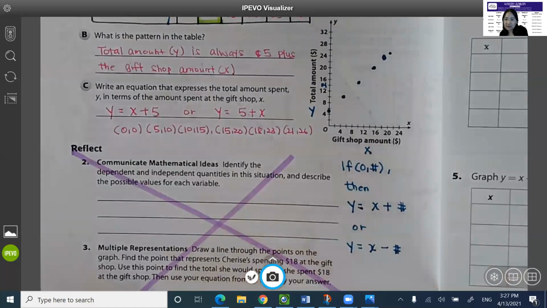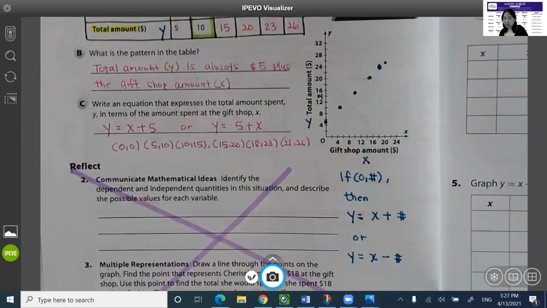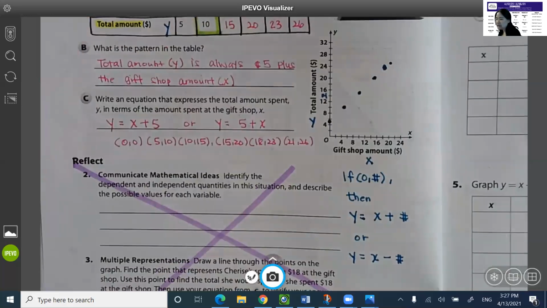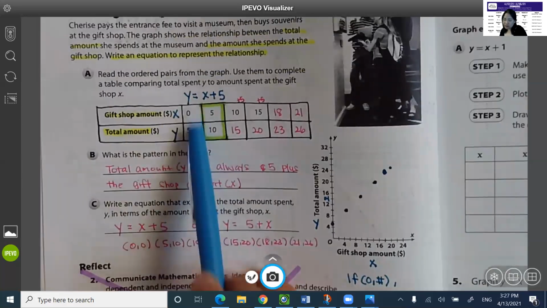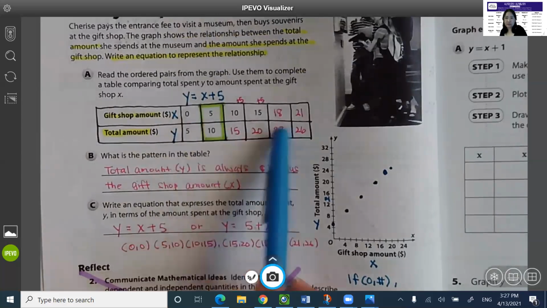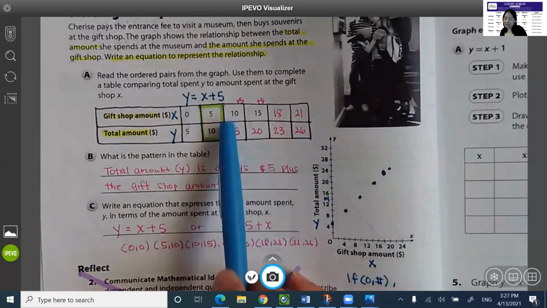That's going to be a pattern that you're going to see. All right? So hopefully that made sense to you, okay? Because then you kind of know what direction to look for. So if you see 0, 5, you already know that you don't need to look for a multiplying or dividing pattern. It's going to be adding or subtracting.